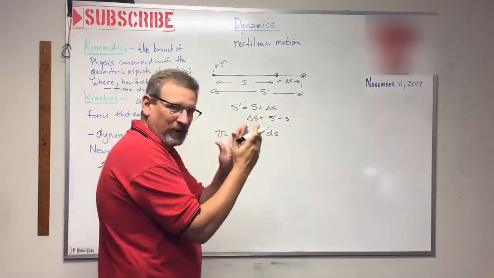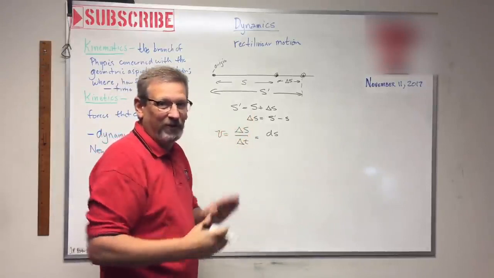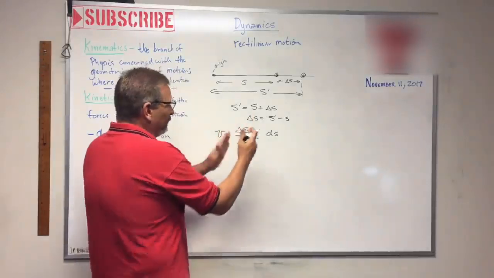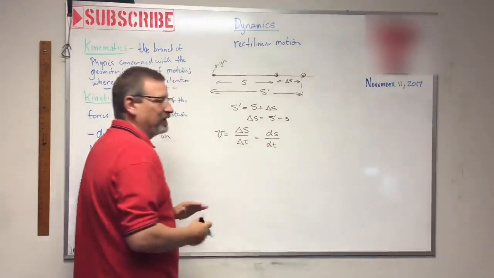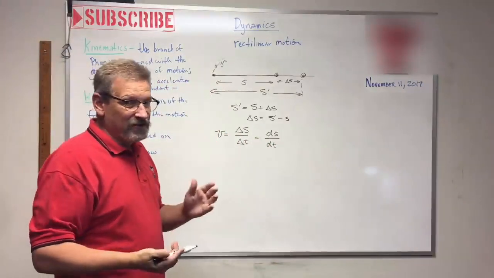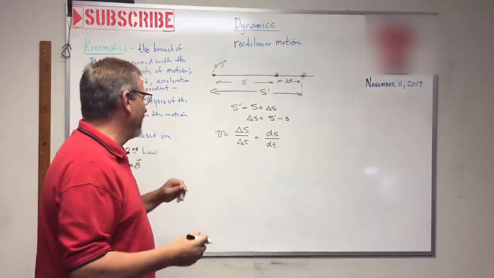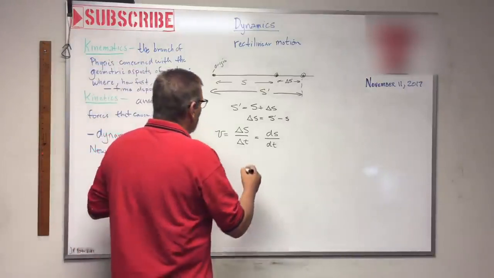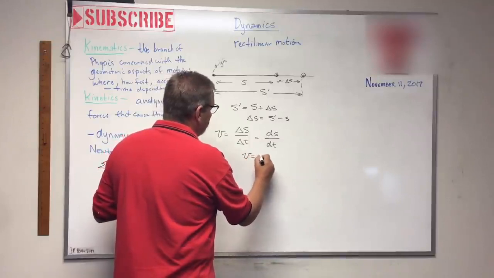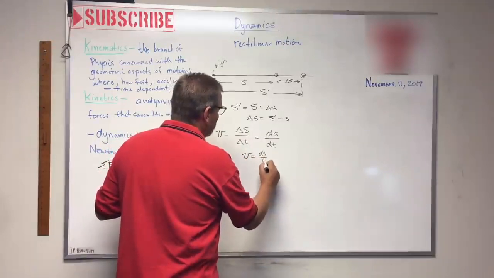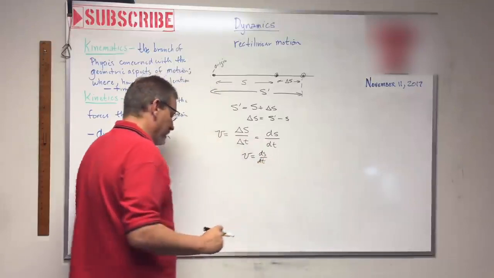Remember in statics there were little differential areas? There are differential distances divided by those little differential times that go with them, okay? So yes, there's going to be some calculus in dynamics, okay? And so what we come up with is this relationship: velocity is equal to ds over dt, okay?